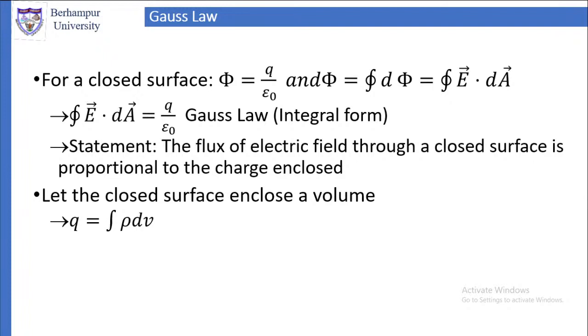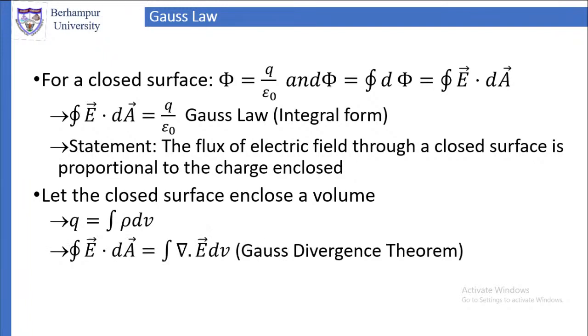So Q is equal to integration rho dV. And since Q is equal to integration of rho dV, we can now write this Gauss law in integral form in this form. Integration of E dot dA is equal to Q by epsilon. Okay, that we'll do later.